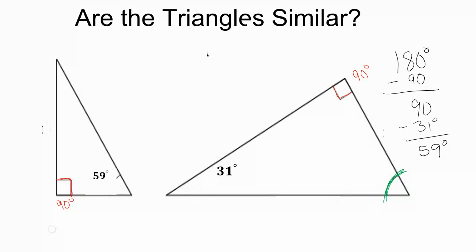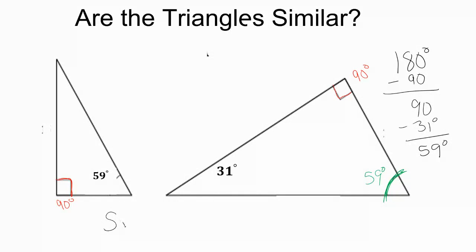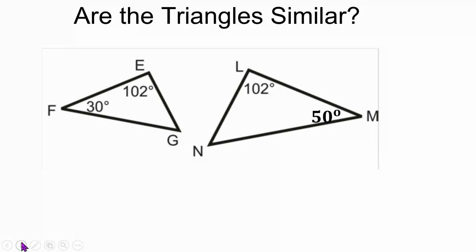So we know this angle measures 59 degrees because 59 plus 31 plus 90 has to equal 180 degrees. And since this is congruent to this, and this angle is congruent to this one, these triangles are similar by angle-angle similarity.